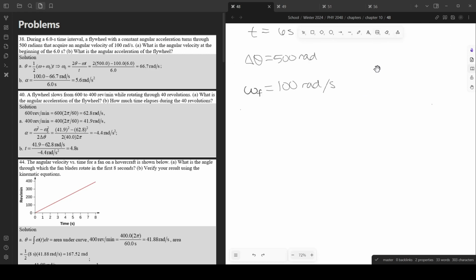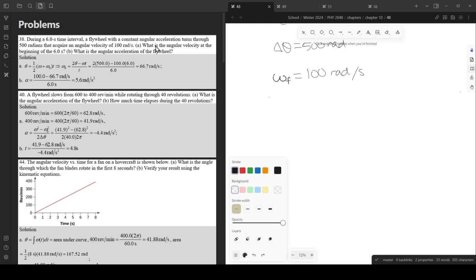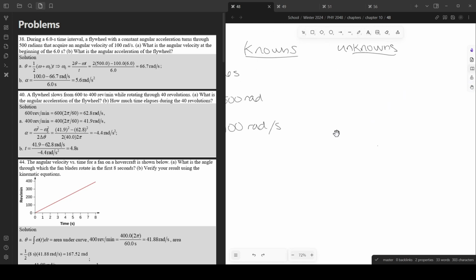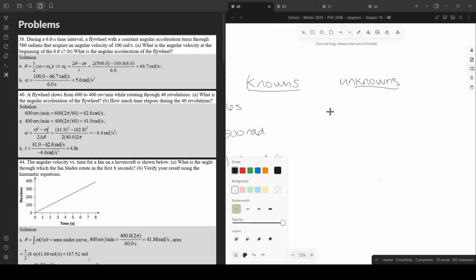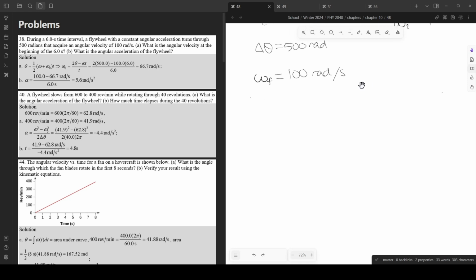Alright, so the first question, part A, asks what is the angular velocity at the beginning of the 6-second interval? So let's write what we want to know. So we want to find omega initial, or the initial angular velocity. And the way we can do that is by referring to our formula sheet.